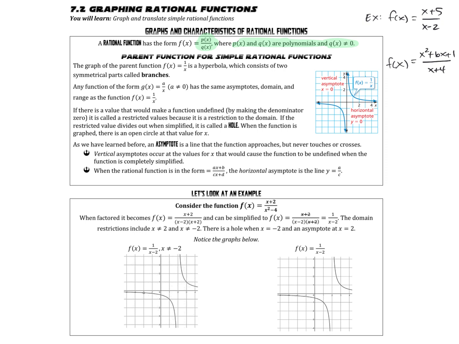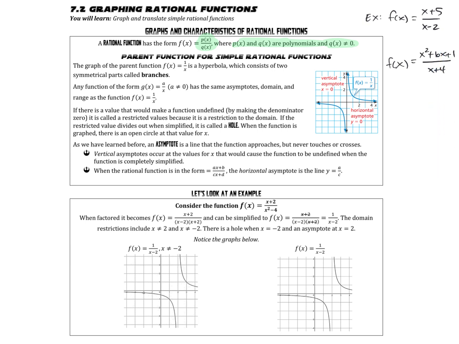So if there is a value that would make a function undefined, like here, this would be undefined if there was 0 in the denominator, meaning it would be undefined if x was equal to 0. This function here would be undefined if we had 2 in for x, because that would make 2 minus 2, 0. This function down here would be undefined if x was equal to negative 4, because then the denominator would become 0, and we can't have something over 0.